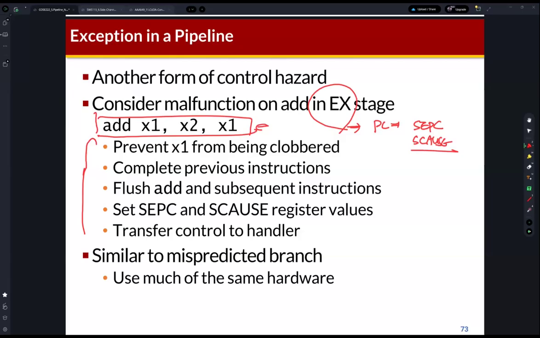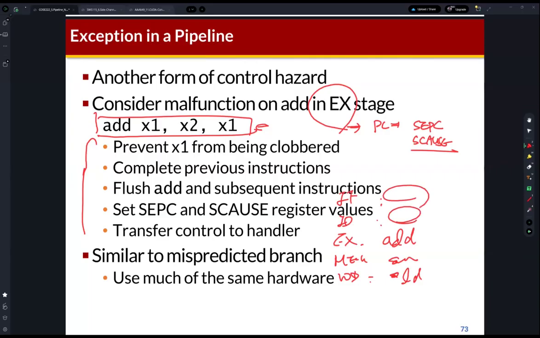But also these operations are required. In the pipeline architecture, there will be multiple instructions in the pipeline stages. For example, the add is in the EX stage, and in the memory stage there can be other instructions such as sub, and in write back some other instruction like load, and in the ID and instruction fetch stages there can be some other instructions.